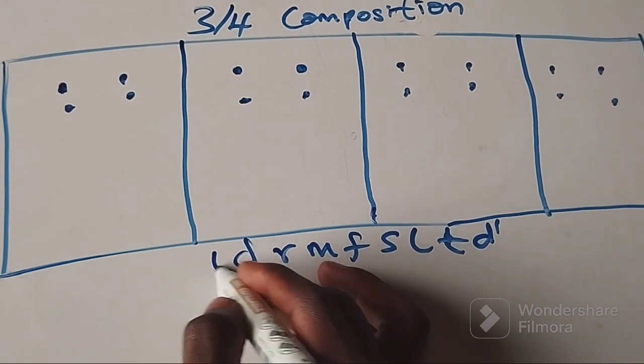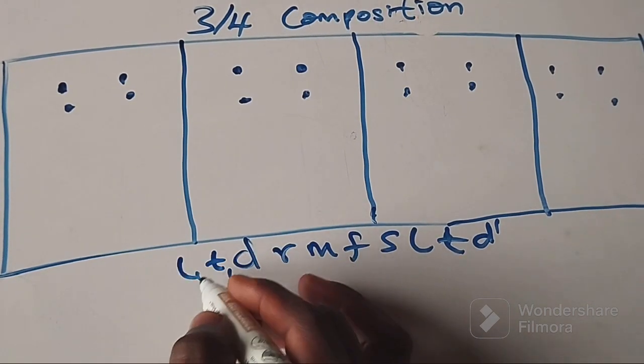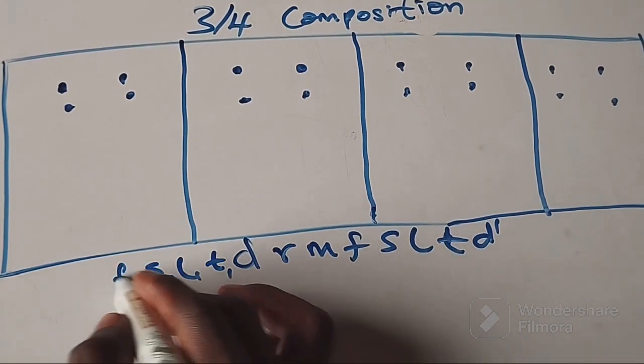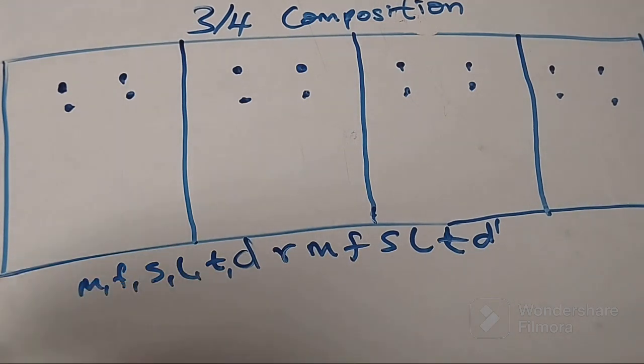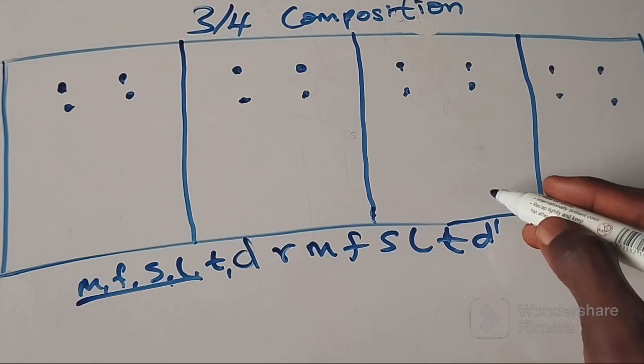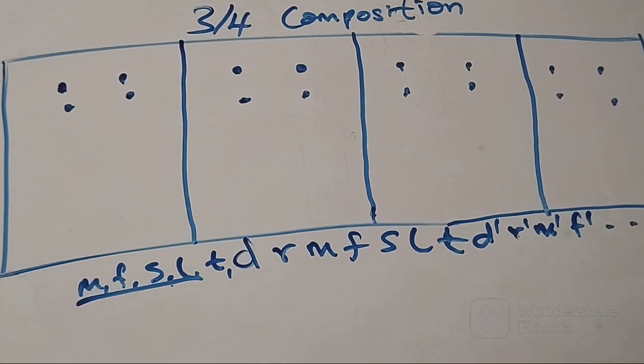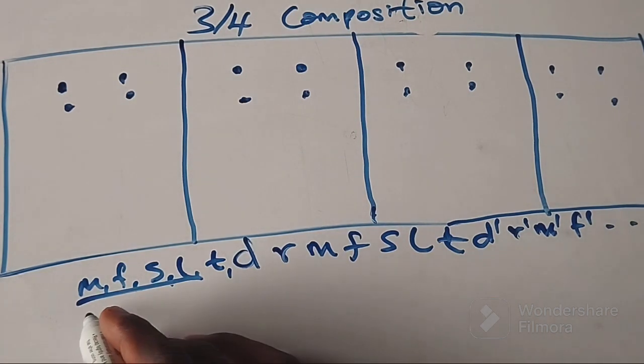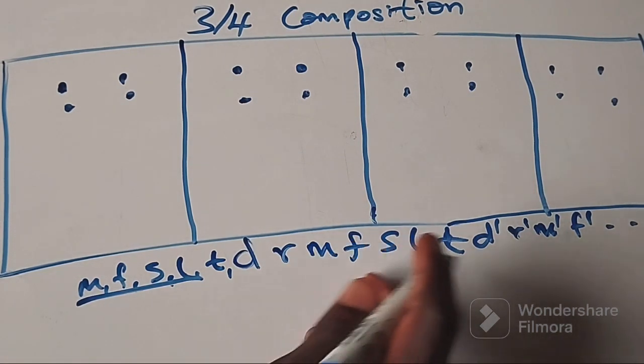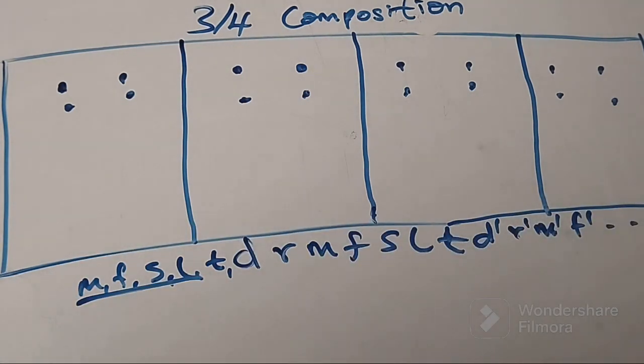It will be a guide. Ti, la, sol, fa, mi, and the do. If you want to add more, you can use a lower octave or higher octave.